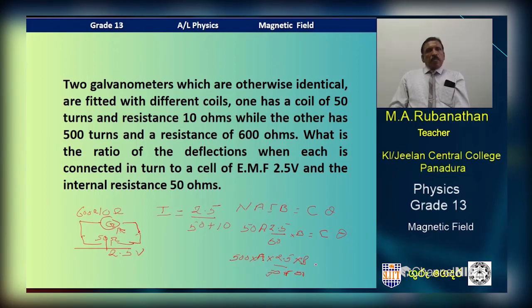The only exception is N, and the deflection is theta. If you divide these two, then you can get the ratio of theta over theta, and you can find the value.